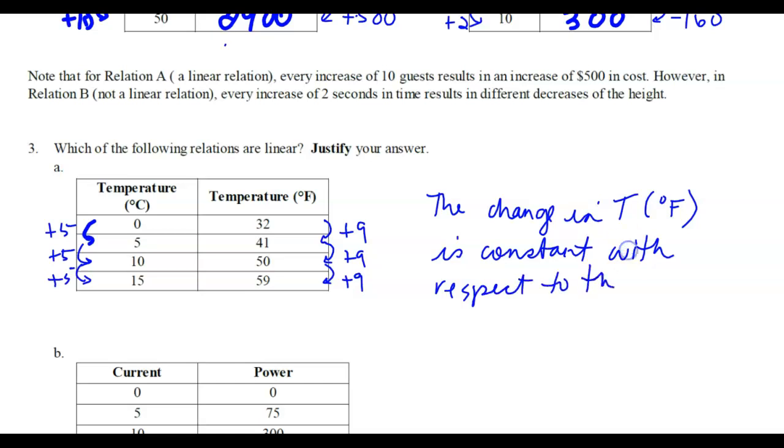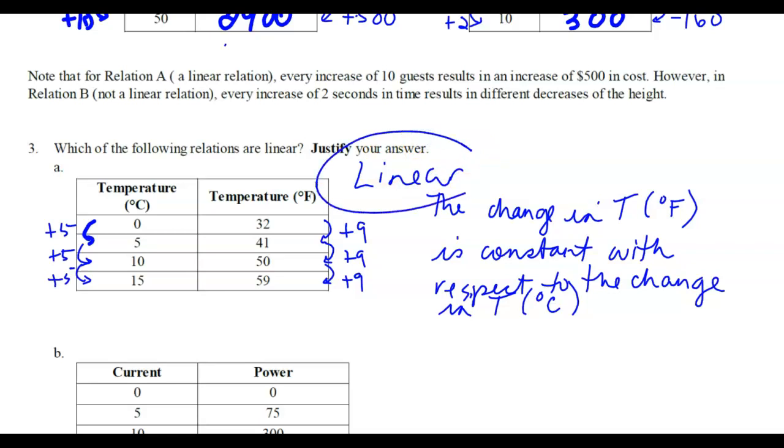When I have a table of values, I do those little arrows to help myself. What is it increasing by each time? Okay, so this is linear. We'll read it: the change in the temperature, degrees Fahrenheit, is constant each time. It's the same each time for a constant change in the independent variable.